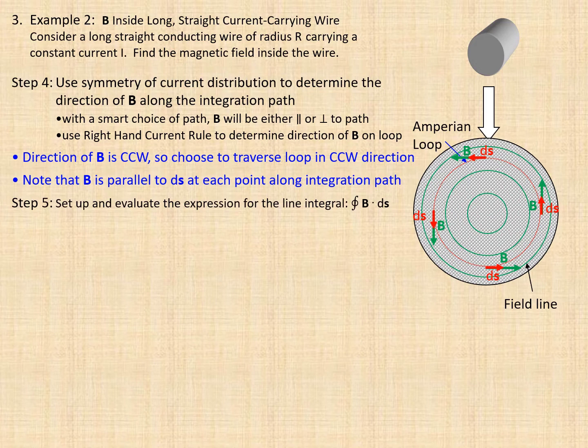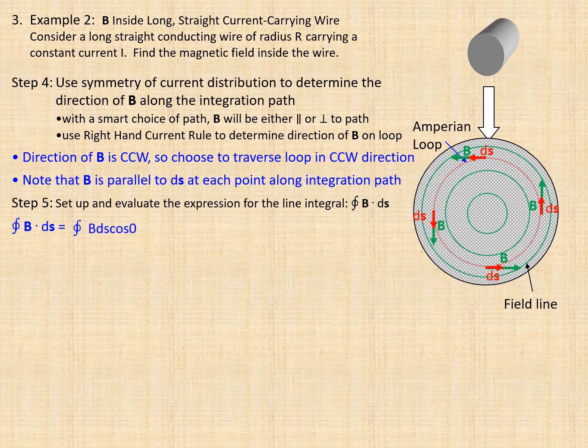We're now ready to set up and evaluate the line integral around this closed integration path. The evaluation of this line integral is going to be identical to what we saw in the previous problem, right? The symmetry is exactly the same. Since B and ds are in the same direction, the argument of the cosine is 0.